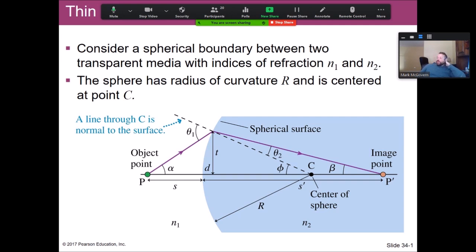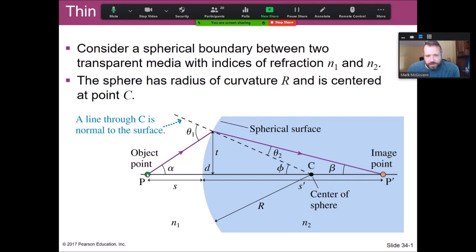Now, we're going to derive a very similar equation to what we did before, with a little alteration. Let's write down what we know about this setup. We have our object here on the optical axis, and we're assuming a spherical surface, like we do when we talk about our mirrors.